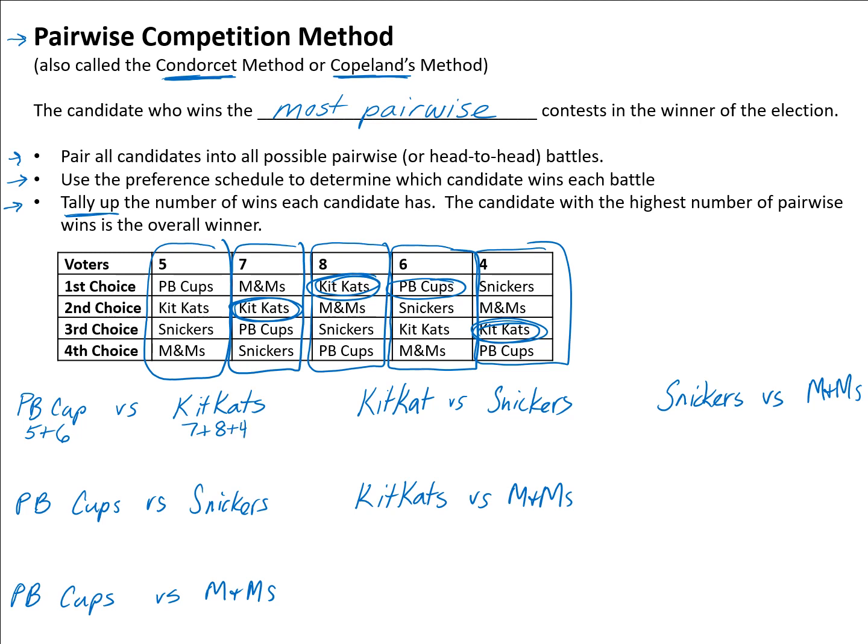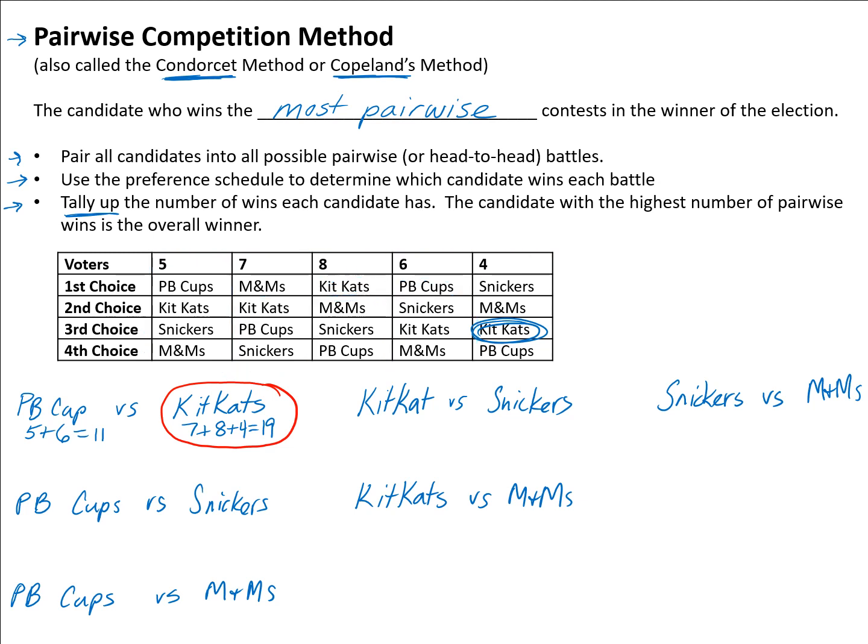When we total this up, peanut butter cups get 11 votes and Kit Kats gets 19. Remember, there's 30 kids, so 11 plus 19 is 30, and that's everybody. I'm going to circle the overall winner. Kit Kats won with 19 votes.